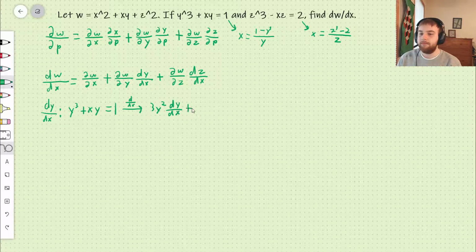And then we have to do a product rule here for the derivative. So if we take the derivative of x, it's dx/dx, which is 1, of course. So we end up with a y plus, then we have to take the derivative of y, so we have x dy/dx. This is really just using differentials in a slightly different way.